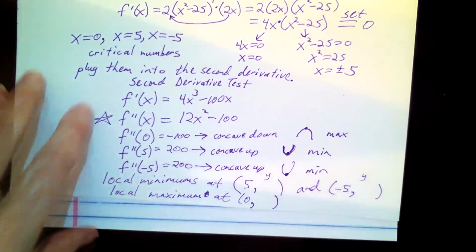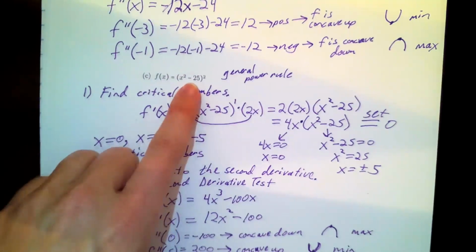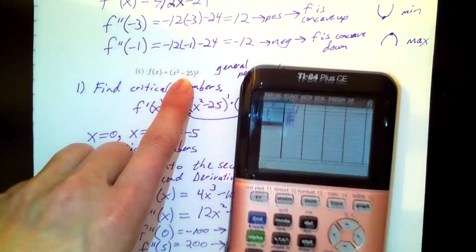All right, let's plug those values back into the original function up here, x squared minus 25 squared, so I can get the corresponding y values of those maxes and mins.